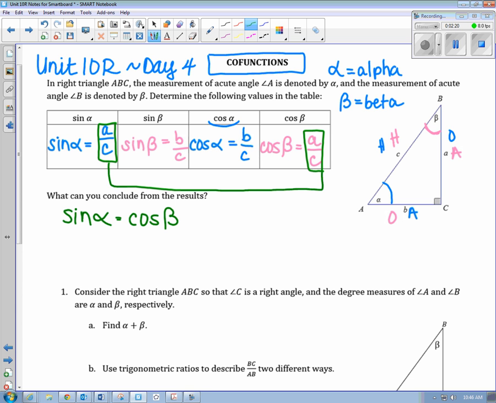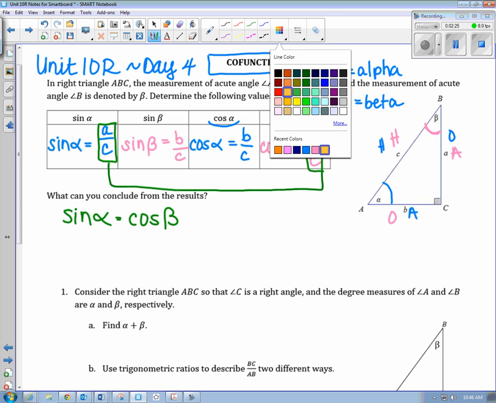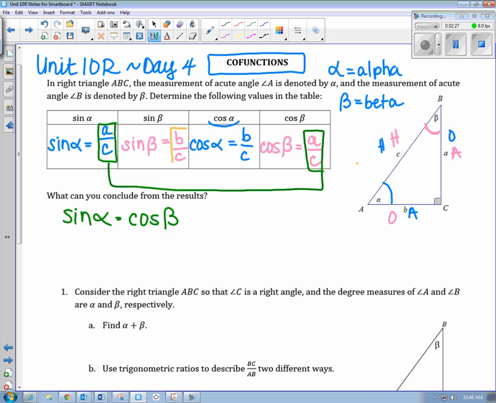They also want you to notice that the sine of beta is equal to the cosine of alpha. So sine of beta equals the cosine of alpha. So there's two things that you notice when you go through and do this.